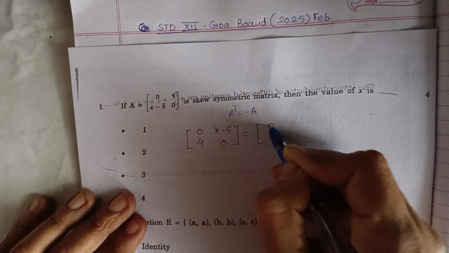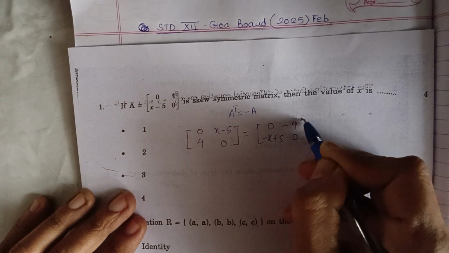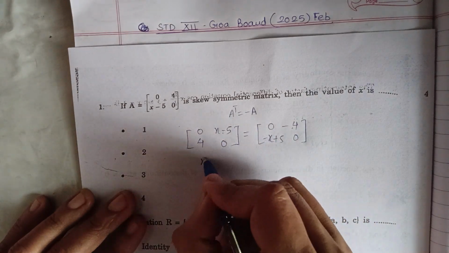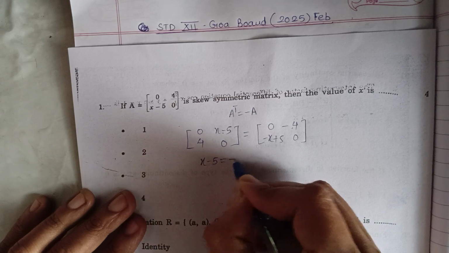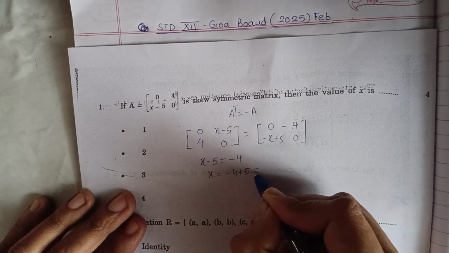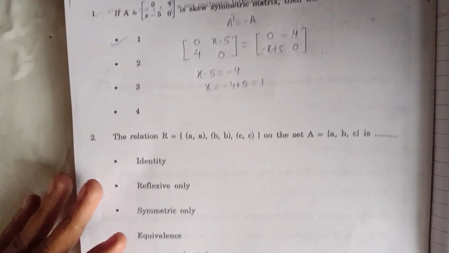And minus of A is 0, 4 minus x, plus 5, 0. Now equating this value, x minus 5 equals minus 4. So minus 4 plus 5, we get 1. x equals 1.